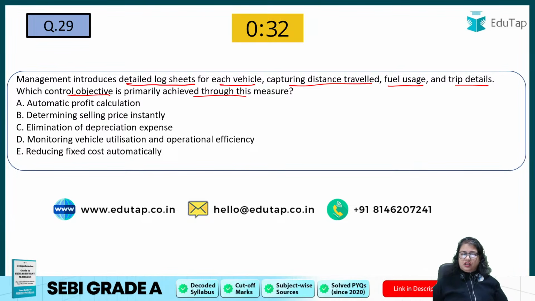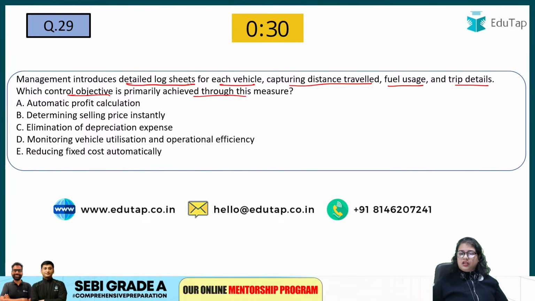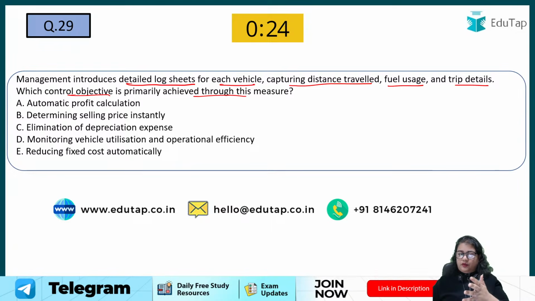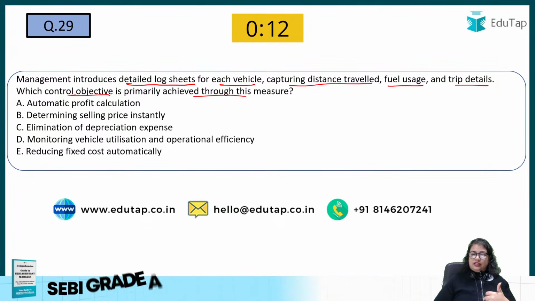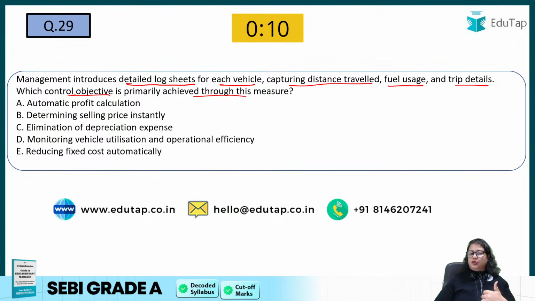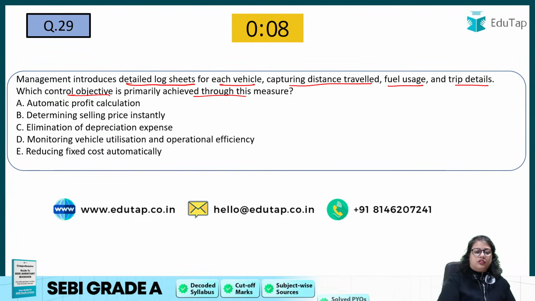Automatic profit calculation? No. After determining the cost, you will calculate the profit, but there are so many other things like the insurance, the road tax, and indirect expenses that you need to see. So only the log sheet will not help you to calculate the profit. So this is wrong.